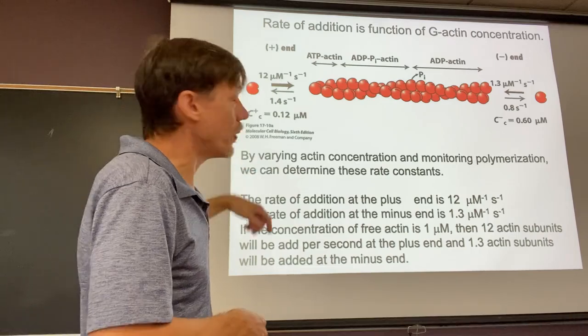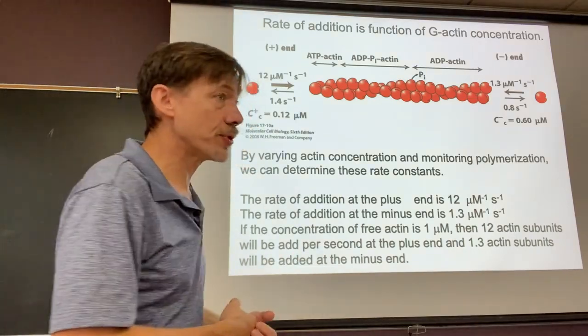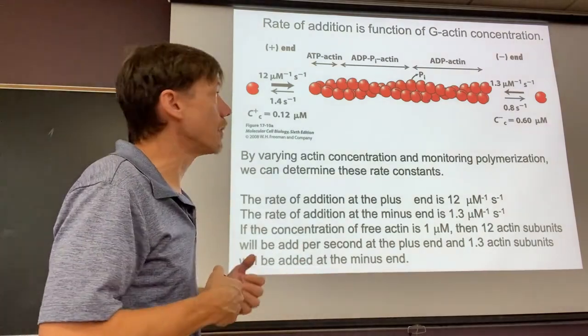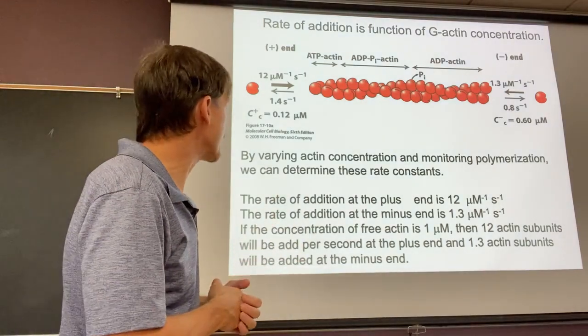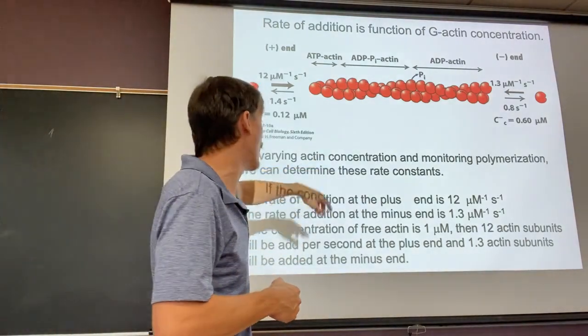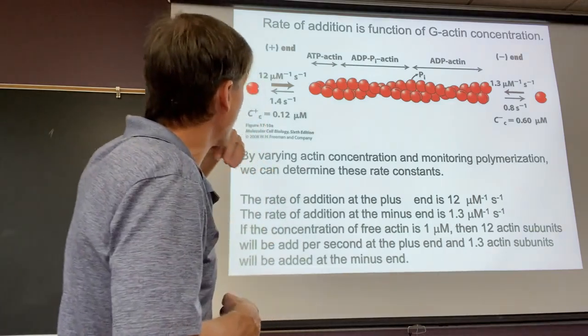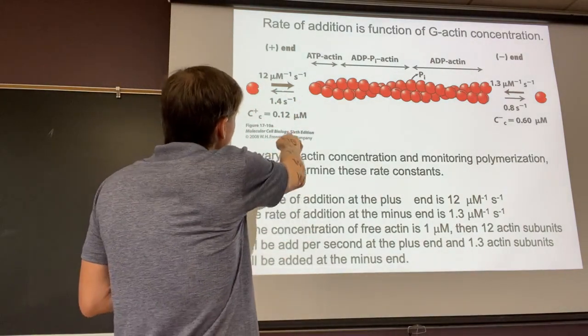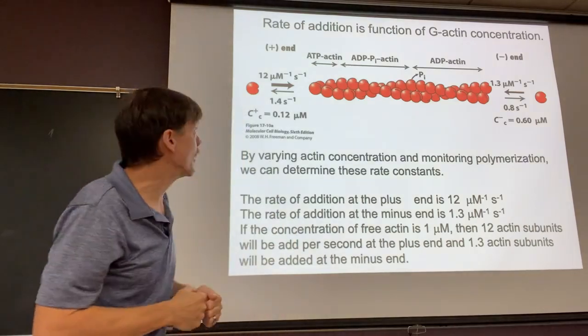It turns out that using approaches from pharmacology, by varying actin concentration and measuring rates of polymerization, we can determine rate constants. The first rate constant I want to talk about is addition at the plus end.